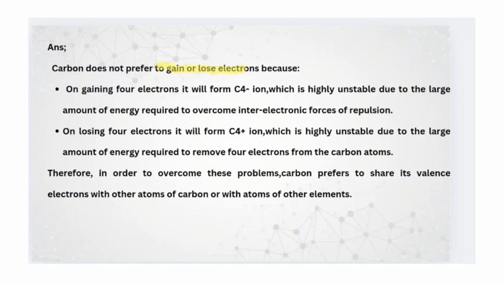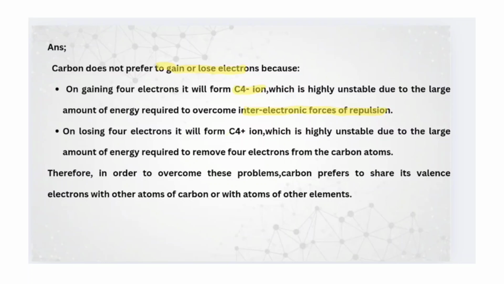The reason is, 1. On gaining 4 electrons, it will form C4- ions, which is highly unstable due to the large amount of energy required to overcome the inter-electronic force of repulsion. Second reason is, on losing 4 electrons, it will form C4+ ion, which is highly unstable due to the large amount of energy required to remove 4 electrons from the carbon atom.